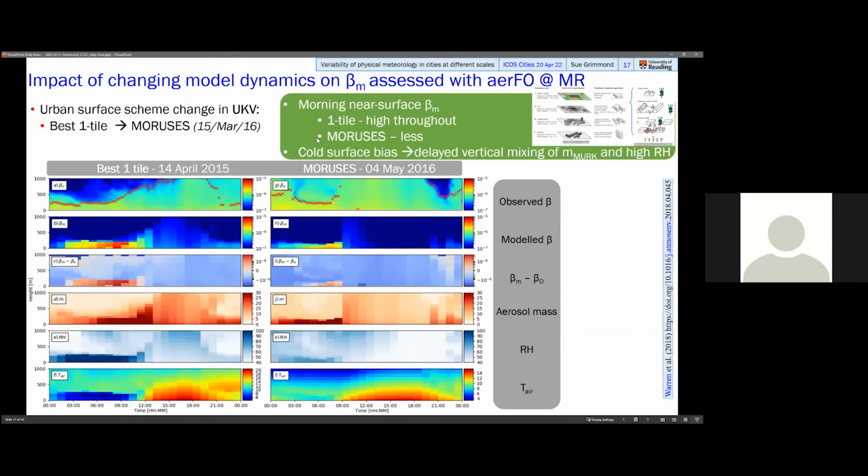So looking at the operational weather forecast model, on the left with the old scheme and on the right with the new urban scheme, we can see that the timing of the mixed layer height growth is improved by the improvement of the scheme, and that we also get better performance in terms of the concentrations, although there's still opportunities to improve the model.